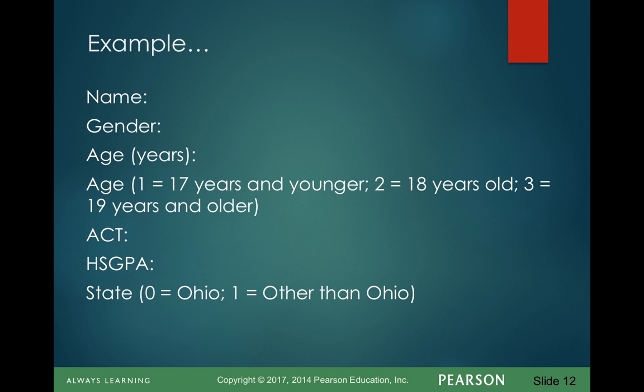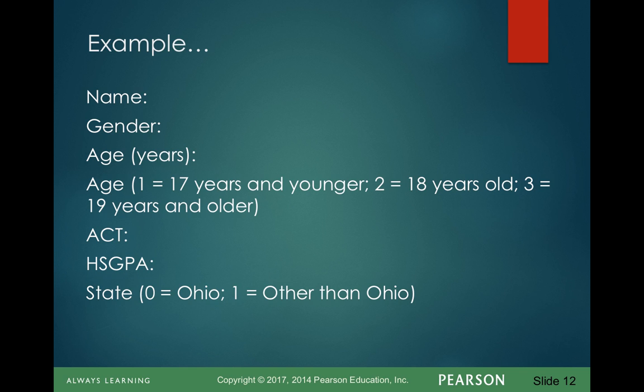So let's go through an example. Let's say that we want to collect some information on students at Shawnee State. The first thing I may ask them is their name and maybe gender, male or female. I may ask them their age in years. I may ask them their age in terms of a classification.